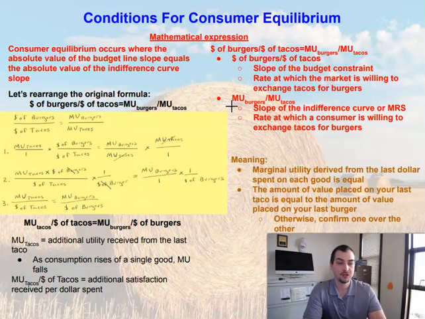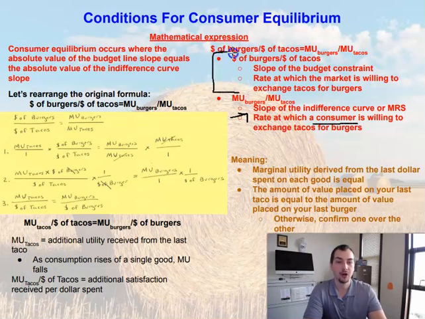We have the marginal utility of burgers divided by the marginal utility of tacos. That's the slope of the indifference curve. And it's the rate at which the consumer is willing to exchange tacos for burgers. So the slope of the indifference curve is the rate at which a consumer is willing to give up tacos for burgers. So here, the slope of the budget constraint deals with the whole market.